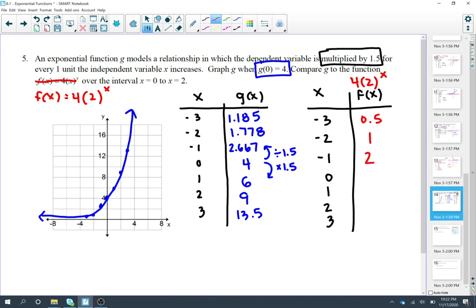And then to the power of 0 is 4. And then to the power of 1 is 8. And then to the power of 2 is 16. And then 32.